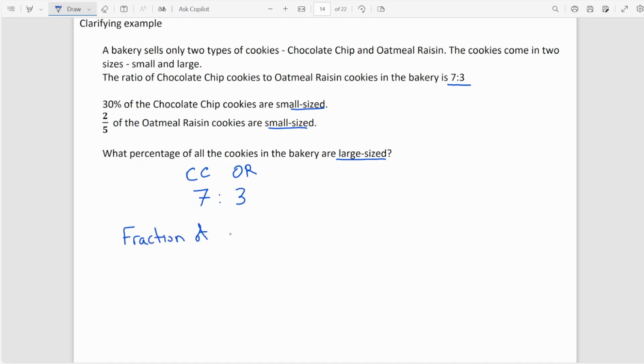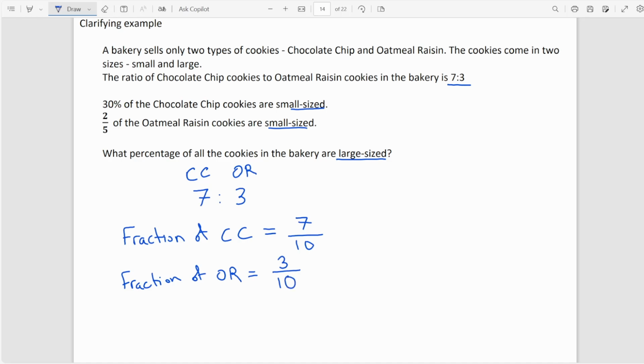of the chocolate chip. Now the chocolate chip have 7 parts out of a total of 7 plus 3, 10 parts, okay? So this is the chocolate chip. And I will do the same thing with the oatmeal raisin, which is 3 parts out of a possible whole 10 parts, okay?